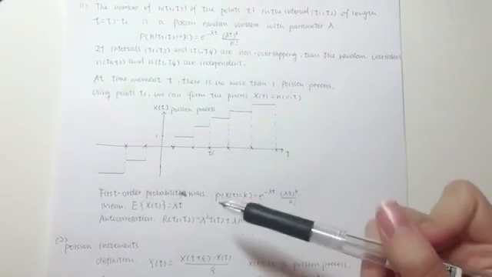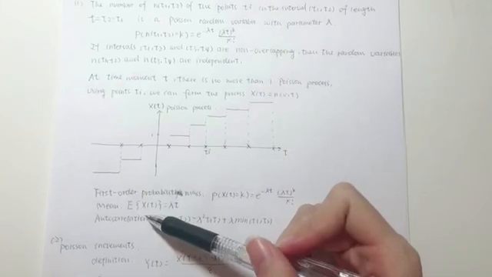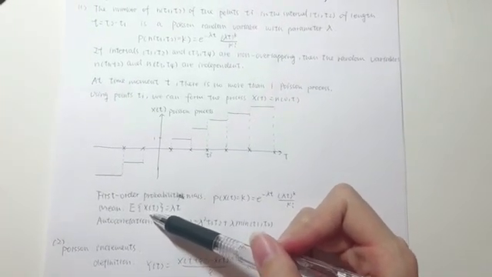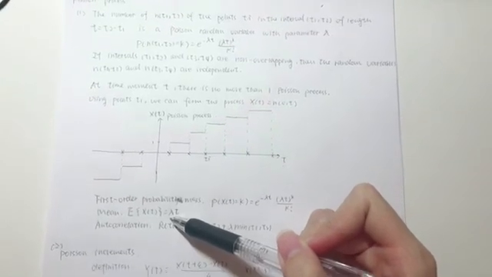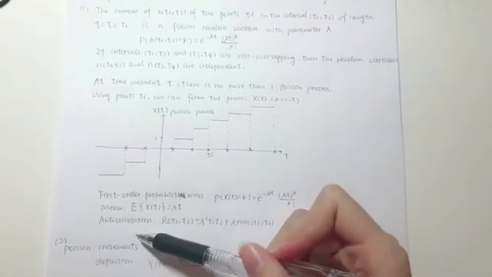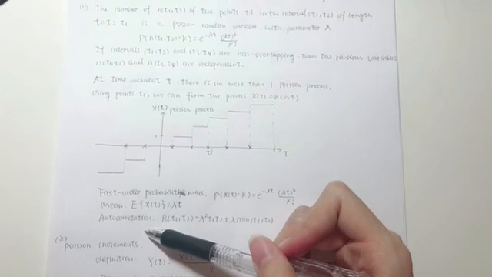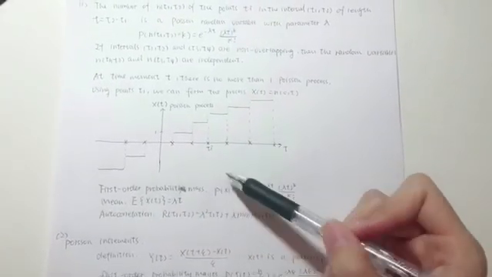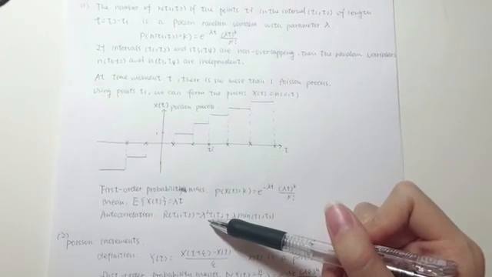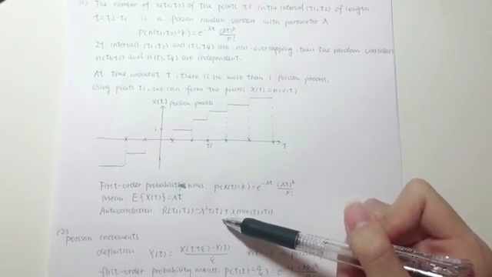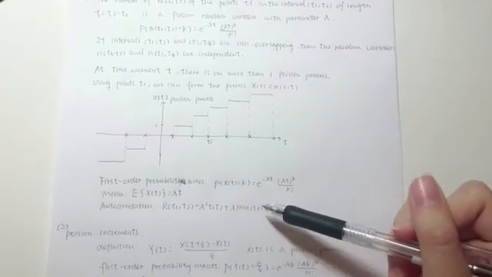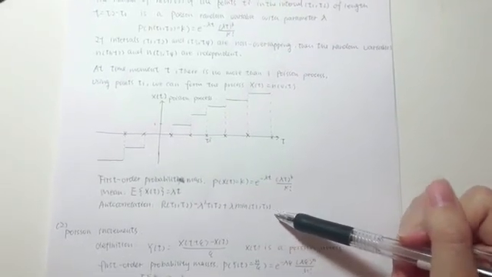The mean of the Poisson process, the expectation of x of t, equals lambda multiplied by t, and the autocorrelation R of t1 and t2 equals lambda squared multiplied by t1 multiplied by t2 plus lambda multiplied by the minimum of t1 and t2.